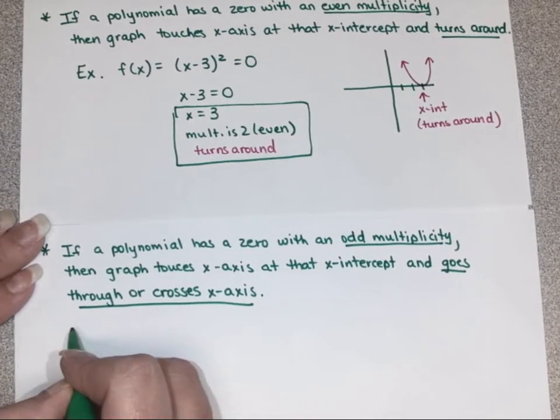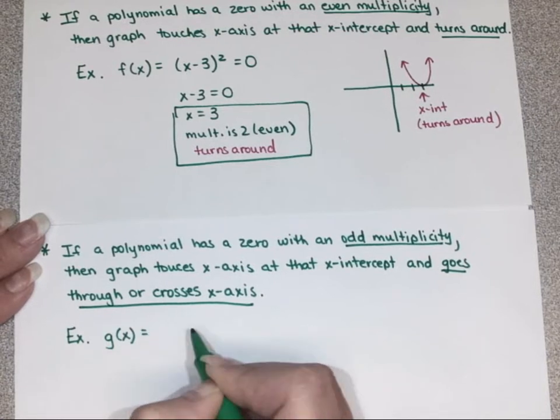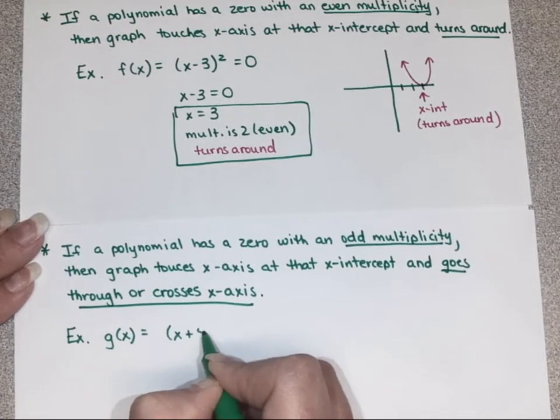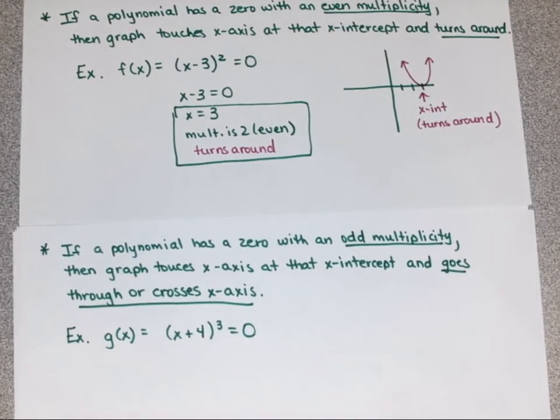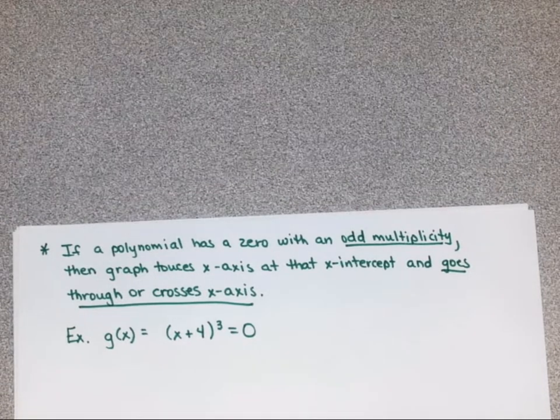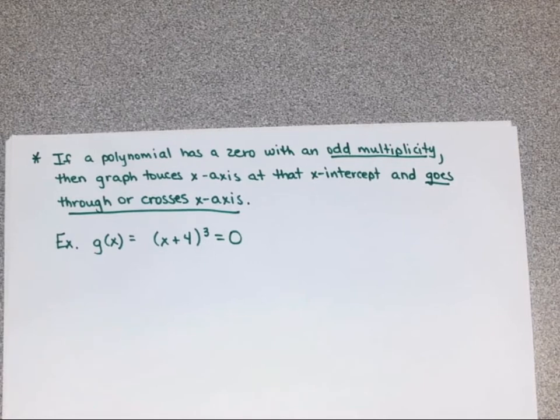Okay, so let's look at something like that. So if you know that you have something that looks like (x plus 4) cubed, so once again I'm trying to give you one that we know from before. Okay, so what do you know about this graph?